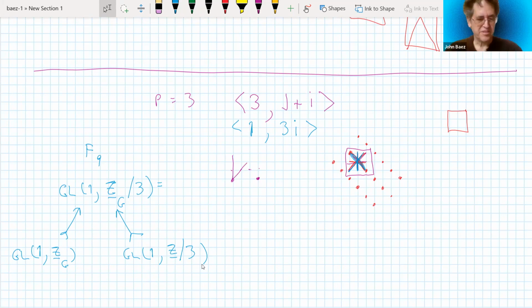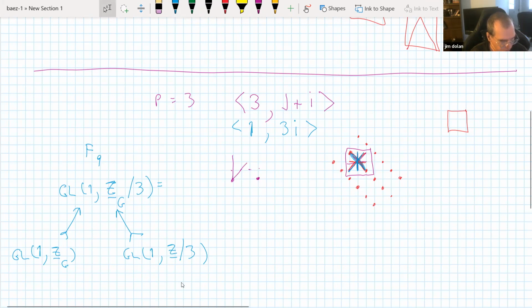One bar of the cross is my subgroup, that's the GL1 of Z mod 3, the real bar of the cross. And then your subgroup is just the four cardinal directions, north, south, east, and west. That's the units of the Gaussian integers. And you combine those two.